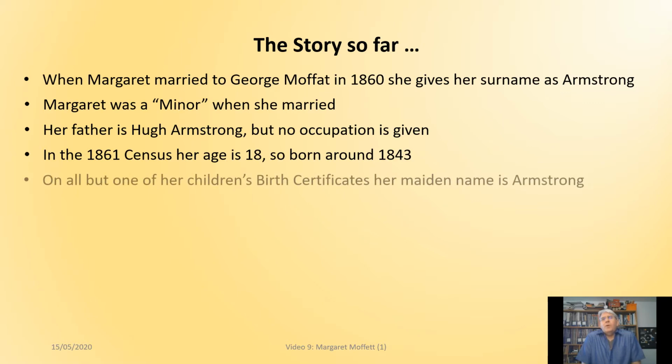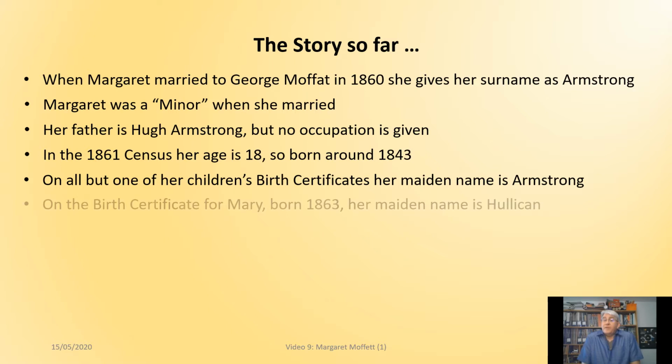For all but one of her children, born especially to George Moffett, the birth certificates record her maiden name as Armstrong. On the birth certificate for Mary, born 1863, her surname is recorded as Houghton.